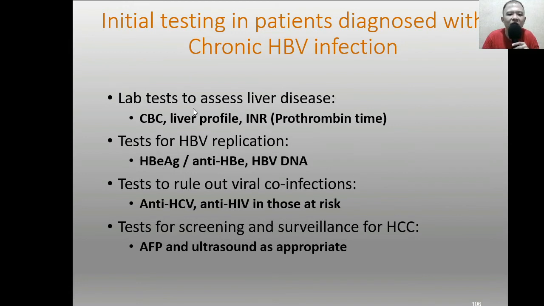Positive HBE, infectious. Then to rule out viral co-infections, because the routes of infection for Hep B and Hep C are very much the same, as well as HIV. The test for screening and surveillance for hepatocellular carcinoma is also important. We need AFP and ultrasound.